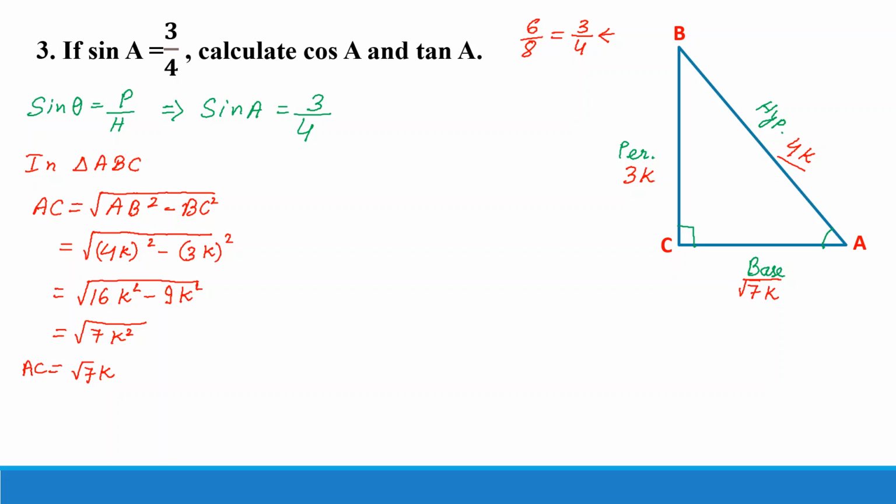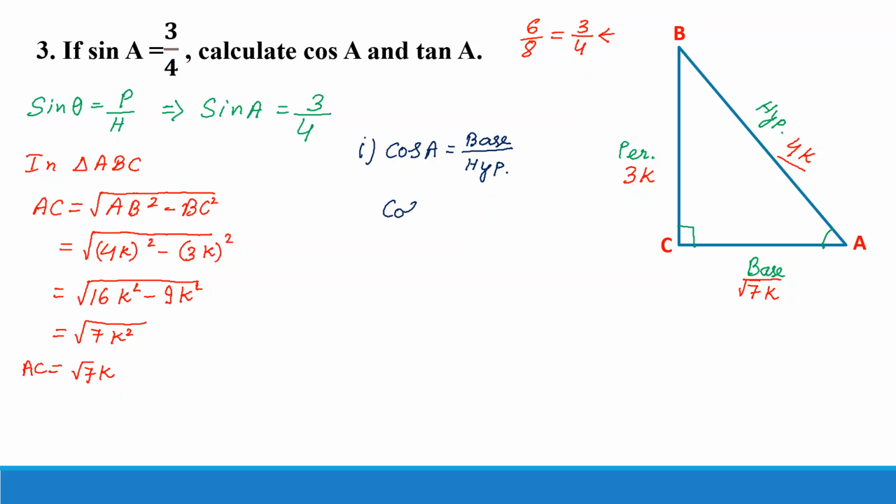Once we have obtained the third side also, we can calculate any of the trigonometric ratios for this particular triangle. So now we just have to calculate the value of cos A. We know that cos theta is base upon hypotenuse.